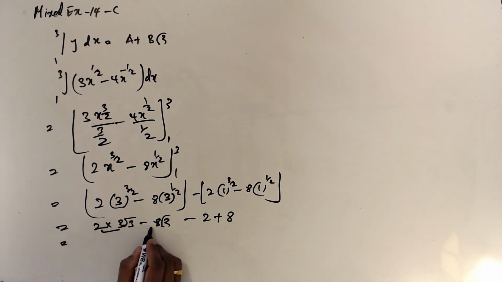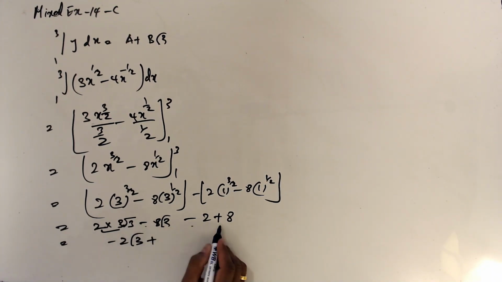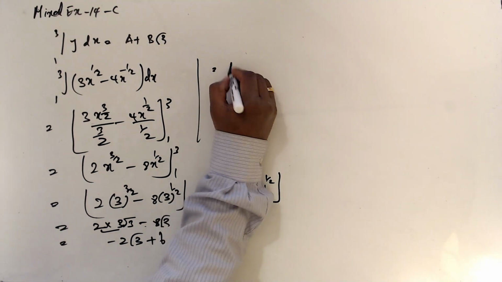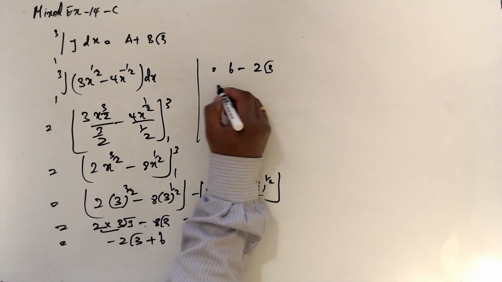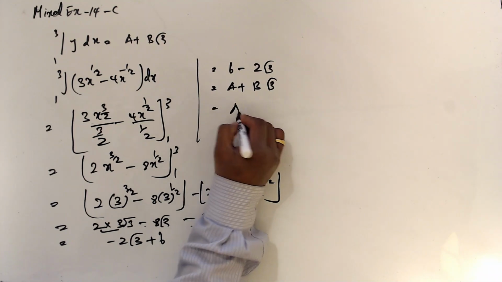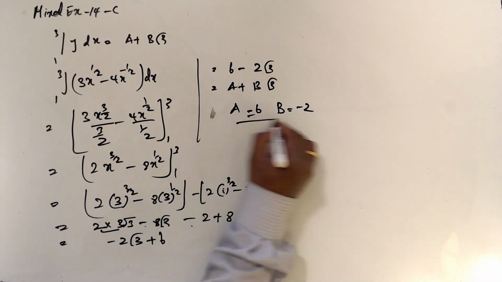This is 6, so 6 minus 8 minus 2 square root 3, plus 6. So the answer is going to be 6 minus 2 square root 3. This is equal to a plus b square root 3, so a equals 6 and b equals minus 2.